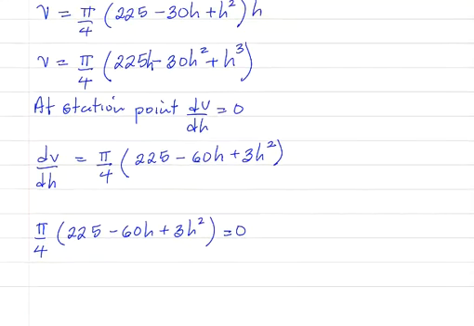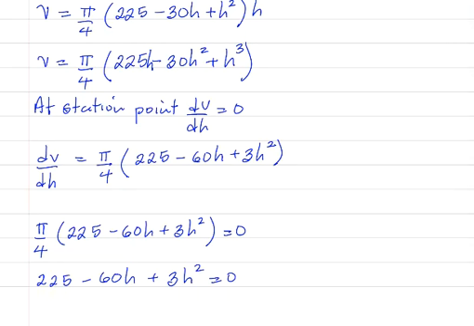If I multiply both sides by 4 over pi, I get 225 minus 60h plus 3h squared is equal to 0. If you're multiplying two things and getting 0, one of them must be 0.